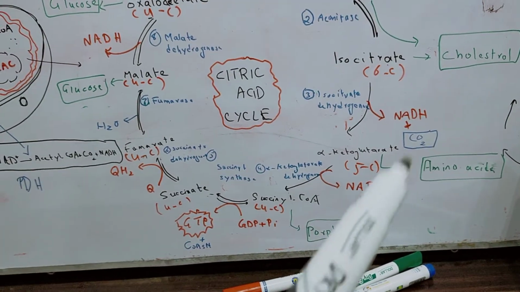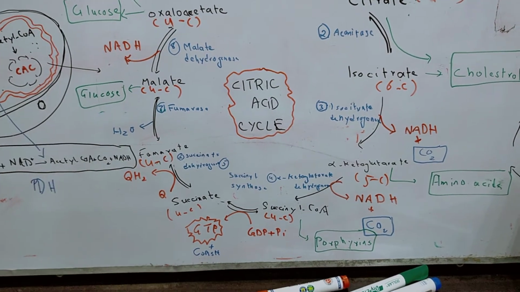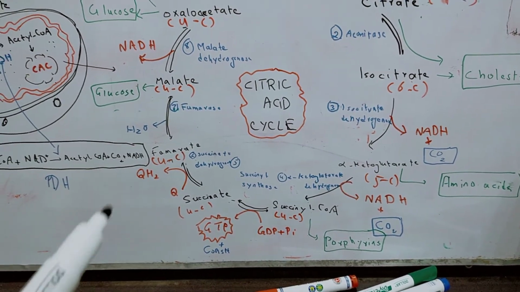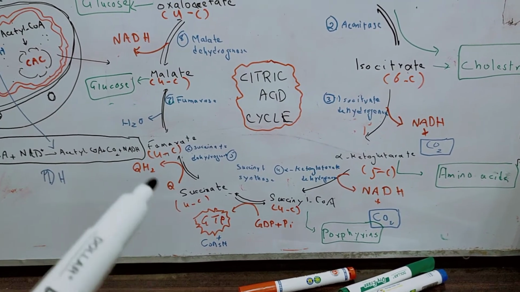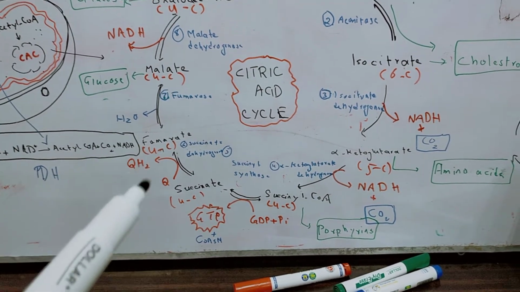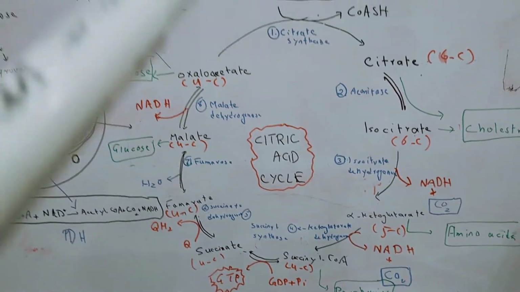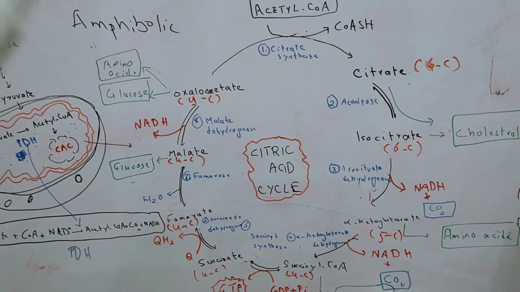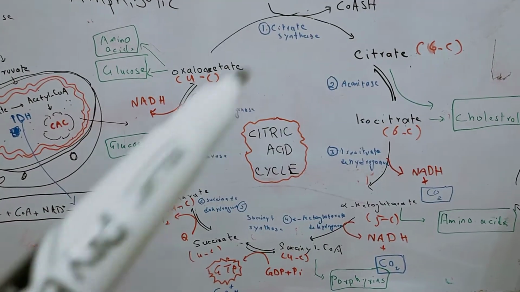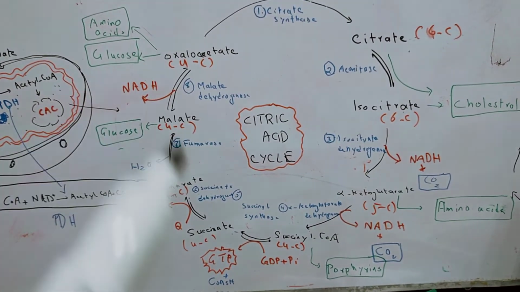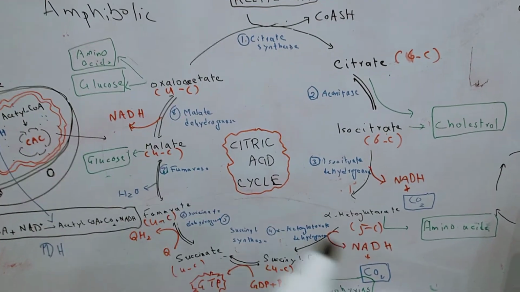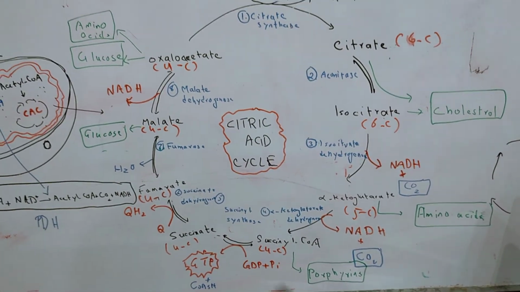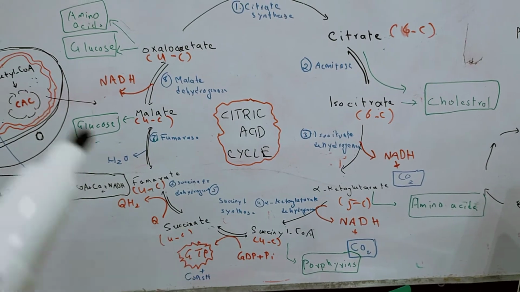So 3, 6, 9, 10, and this step involves energy equal to 2 molecules of ATP, 12. So it means that when 1 acetyl-CoA enters the citric acid cycle, it forms energy equal to 12 molecules of ATP.